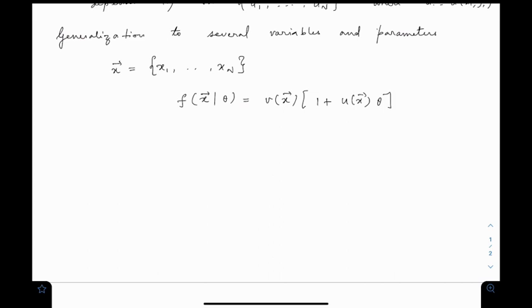Now, if simultaneously p parameters have to be determined, we'll also need p new variates, u1 all the way up to up.